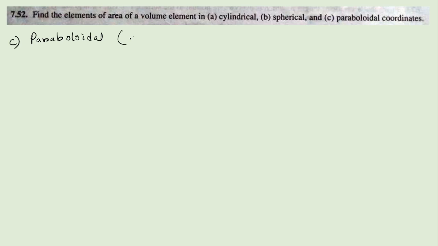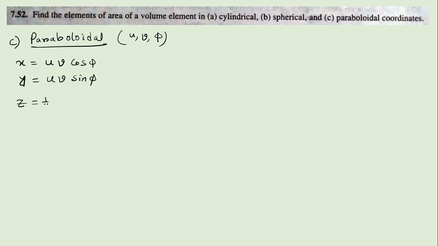Paraboloidal coordinate system, this is written as u v phi, you know very well if you watched the previous lectures. So x will be uv cos phi, y will be uv sin phi, and z is half u square minus v square.